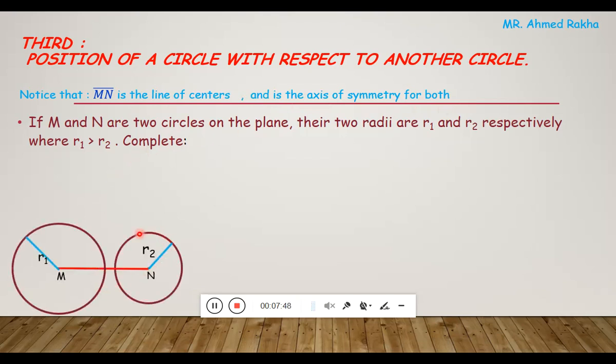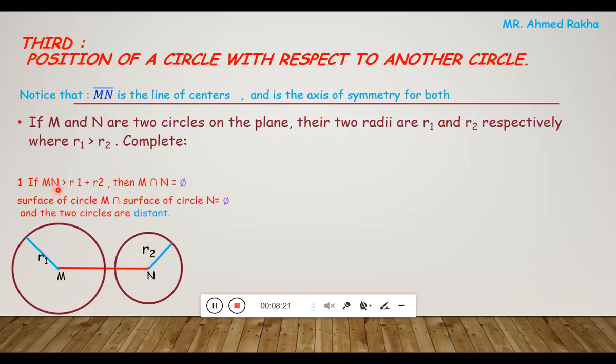Here we have two circles, the circle M and the circle N. The radius of the first circle M is R1 and the radius of the second circle N is R2. And we put a small description here that R1 is greater than R2. The radius of the first circle M is greater than the radius of the second circle N.